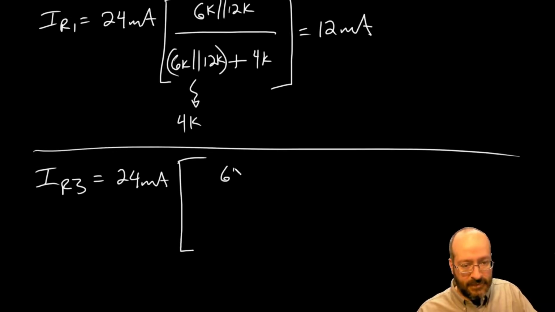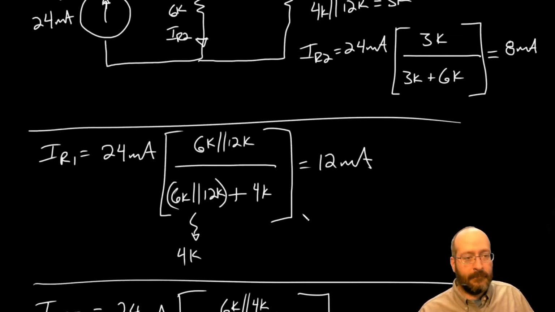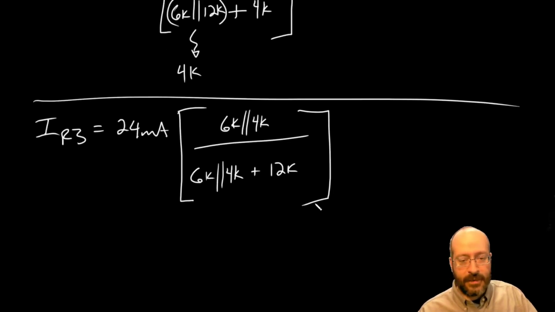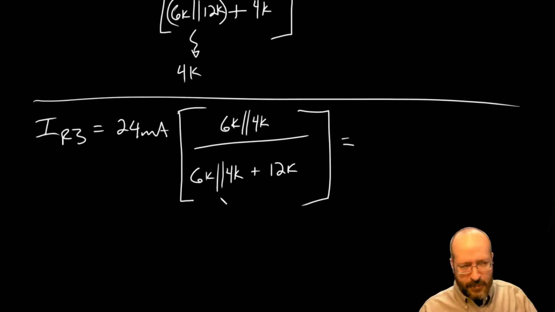Okay, so this is going to be 6K and 4K, and 12K. Sorry for all the scrolling. Okay, so this is a fun one. 6K in parallel with 4K I believe is 2.4K.